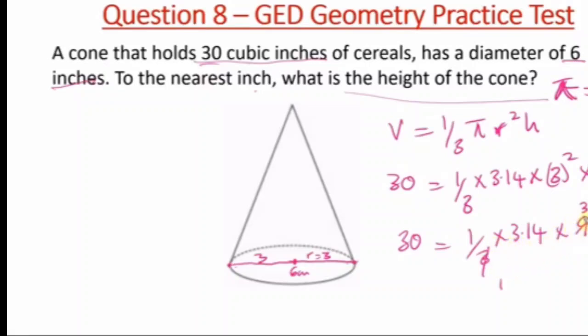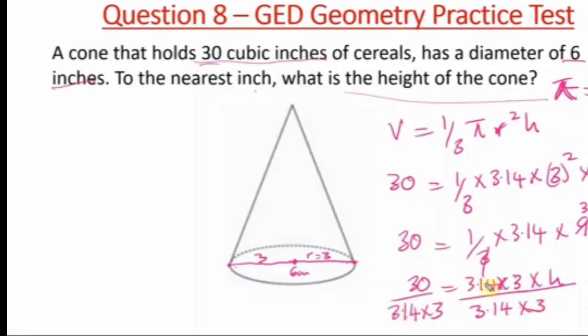So 3 will be here. From here we are left with 30 equal to 3.14 times 3 times h. So I will divide both sides by 3.14 times 3. This would cancel out, and we're left just with h.